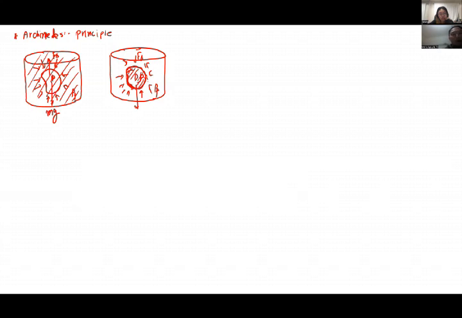If the density is the same, there's no net force because the buoyant force upward and the gravity are perfectly balanced, as the density inside this boundary and outside of the boundary is the same.